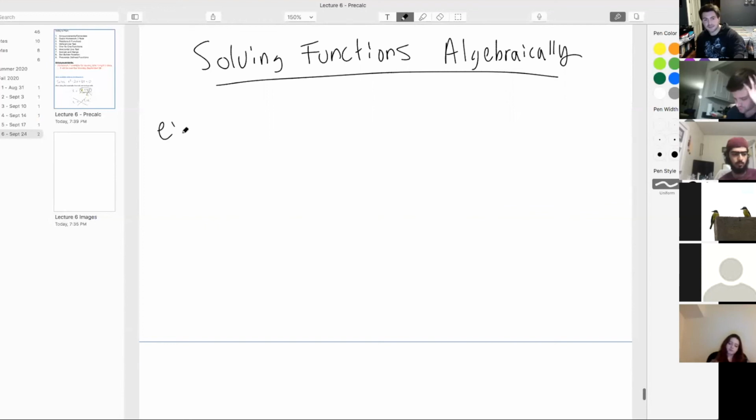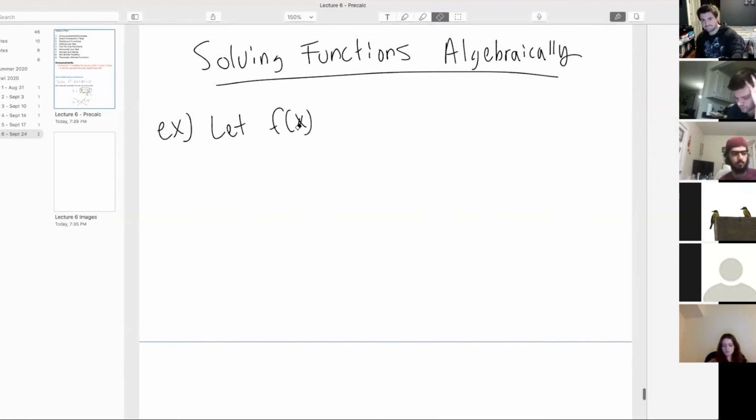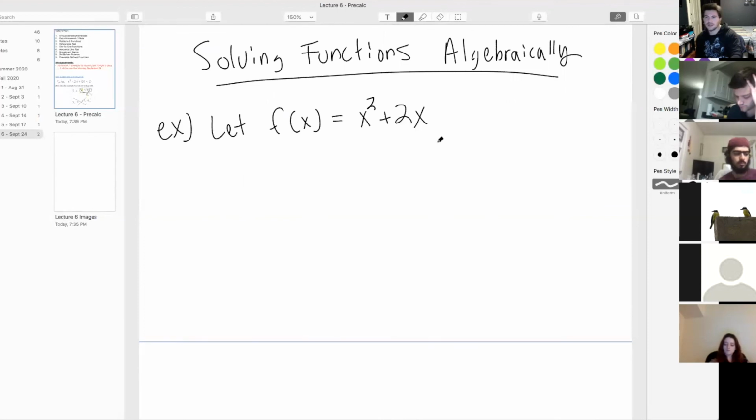Okay, so example, let f of x equal x squared plus 2x. So this is a valid function. And the question is to solve f of x equals 3.